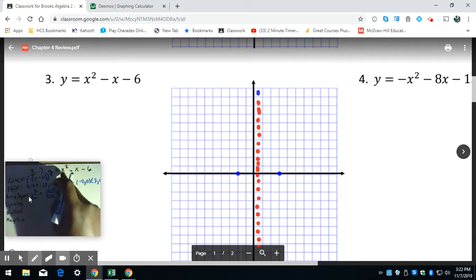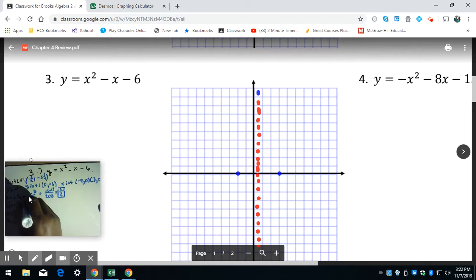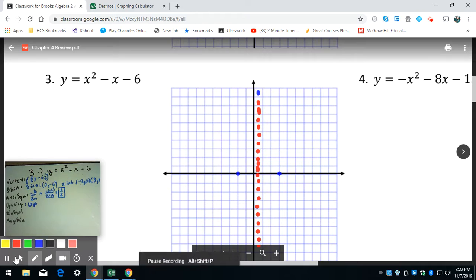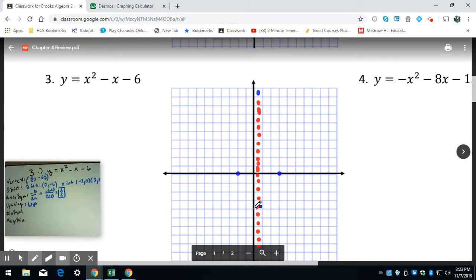It's going to open up. There's no negative here, so it's opening up. We know the y-intercept. Ooh, I forgot to graph the y-intercept. It's at -6. Let's see, 1, 2, 3, 4, 6. And we can tell that the vertex at (1/2, -6 1/4) will be about right here.